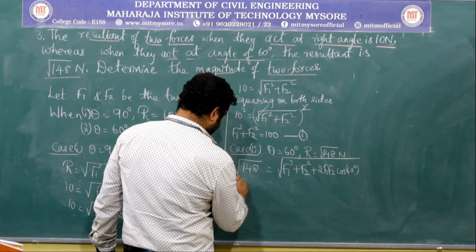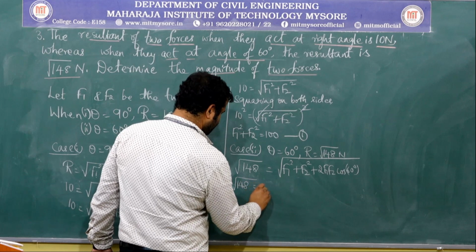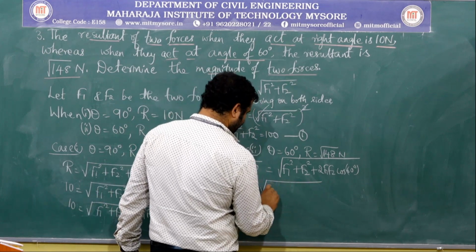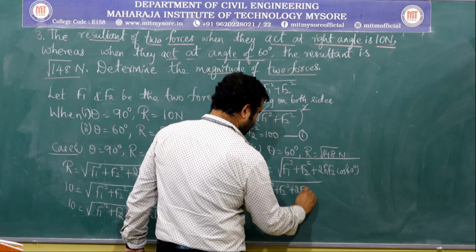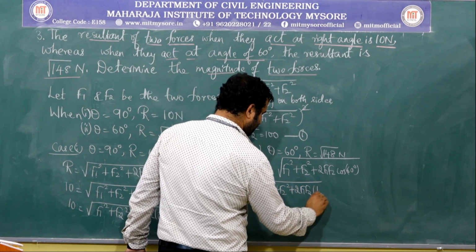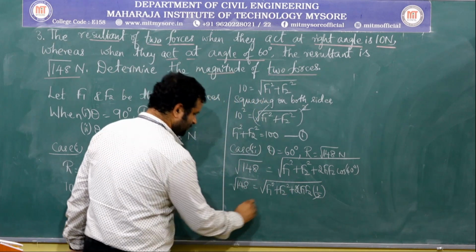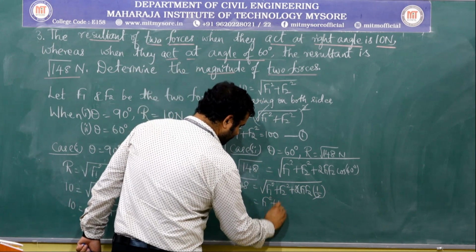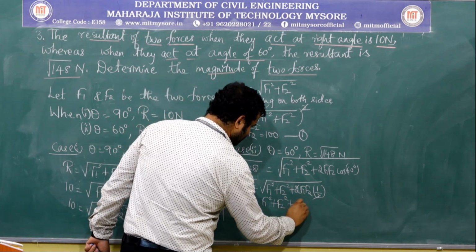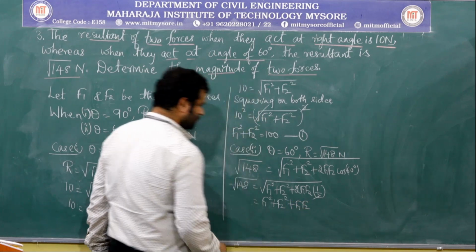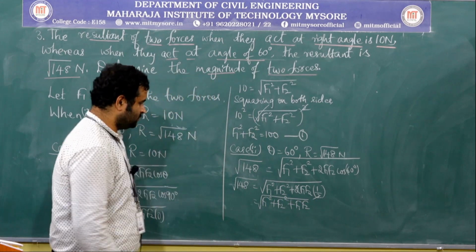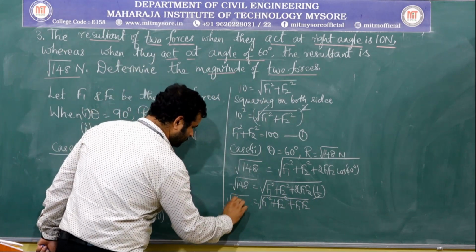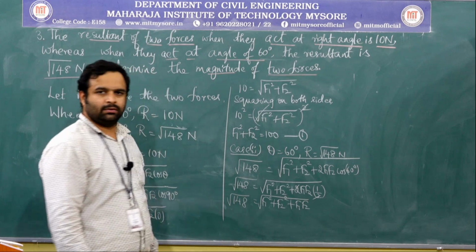It is 1 by 2. So square root of 148 equals the root of F1 square plus F2 square plus 2 F1 F2 into 1 by 2. 2 and 2 get cancelled, that is equal to F1 square plus F2 square plus F1 F2. So here we have square root of 148.